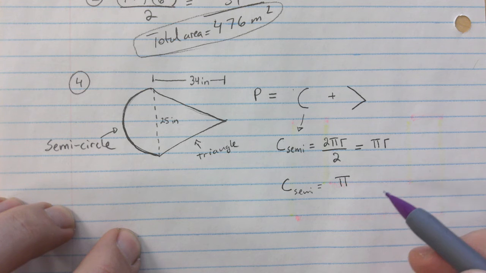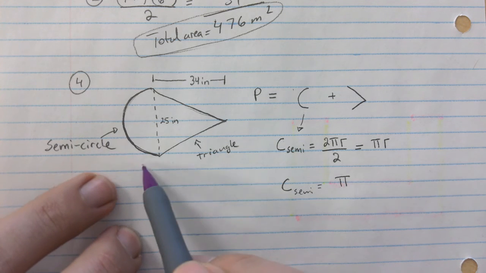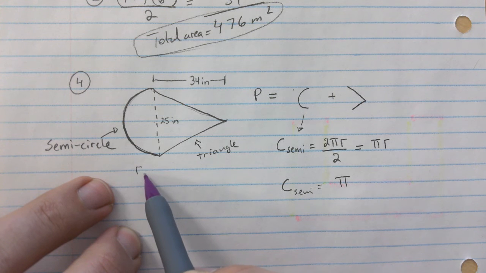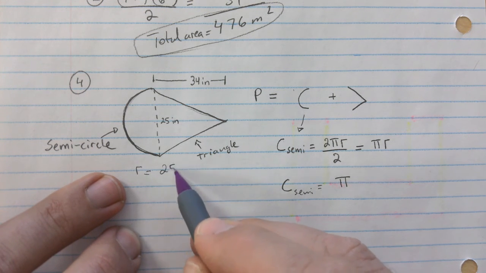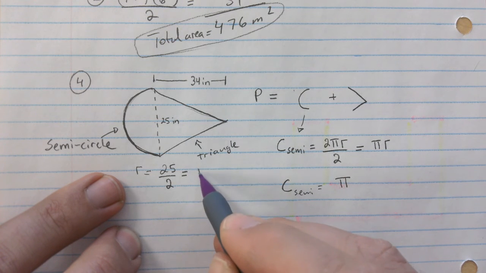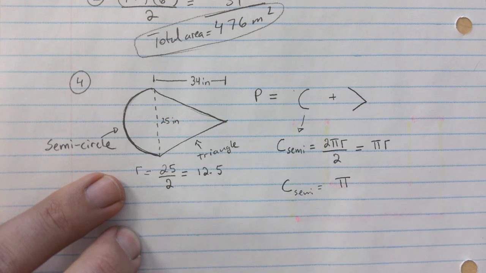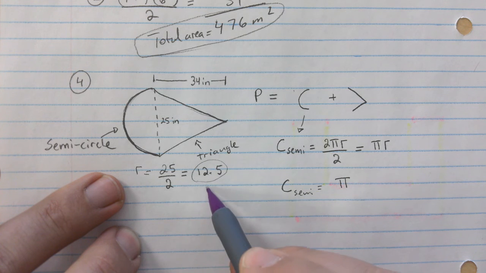And what is my radius in this case? The radius is going to be 25 divided by 2, which is 12.5. Okay, so this is my radius.